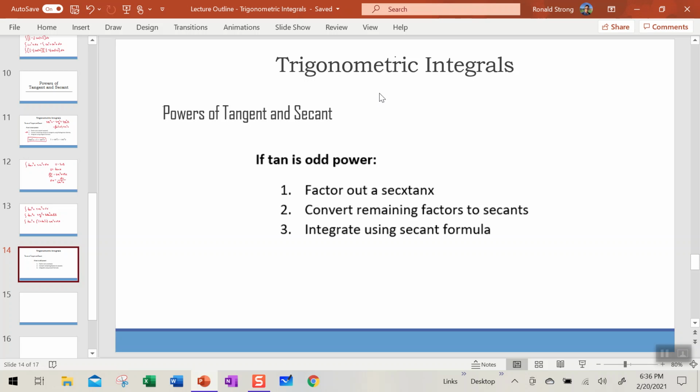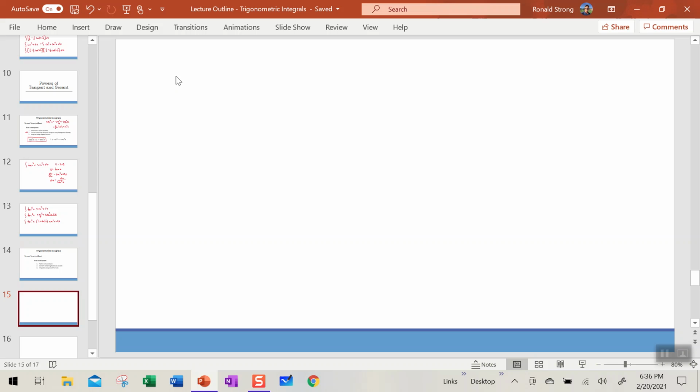So let's just do an example. We have an integral of tangent cubed x times secant x.